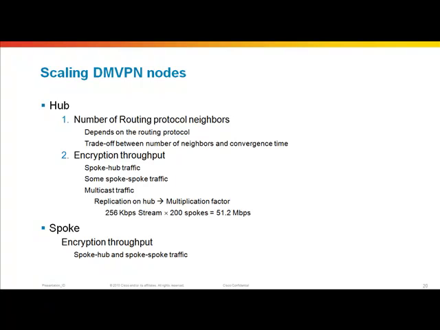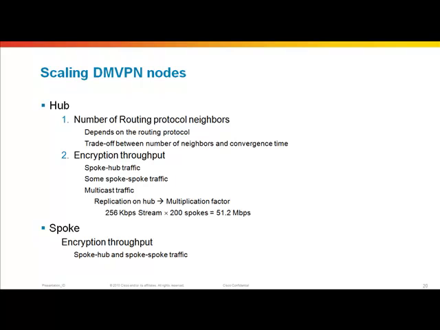So if I have 100 spokes out there, actually I think in this example, if I have 200 spokes that want a copy of a 256 kilobit per second multicast stream, that's equivalent to 51 megabits per second of encryption throughput and outbound physical bandwidth I need available on that hub router.